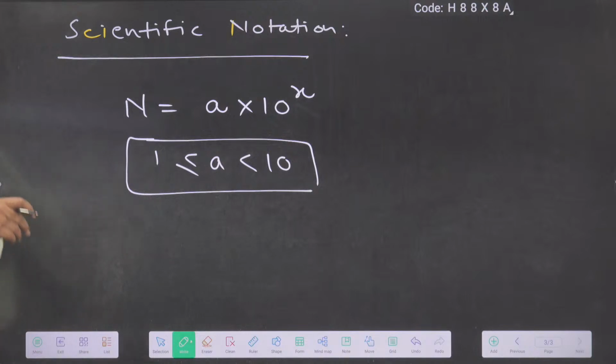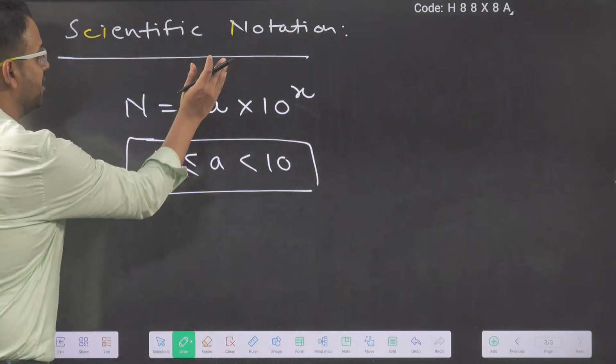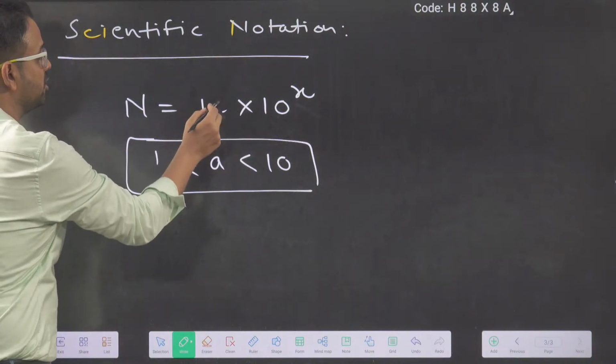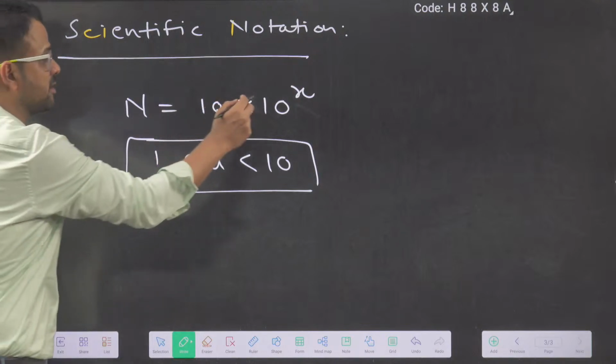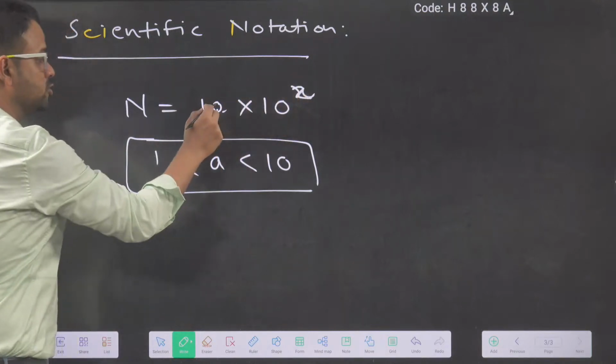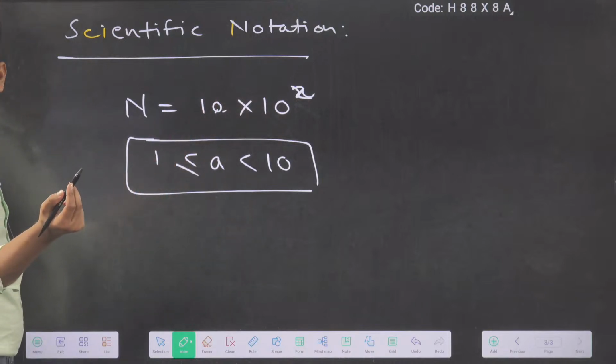So whenever any number is written in this form, sir, why have you not put equality at 10? Beta, if suppose a is equal to 10, then this 10 will go into the power of 10. Suppose this was 10 to the power 2. So 10 into 10 to the power 2 will be written as 10 to the power 3. I hope you understand this point.